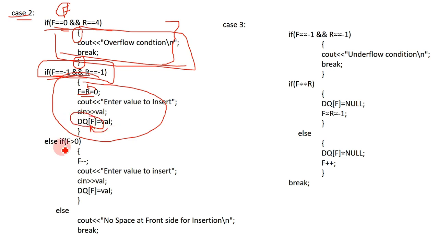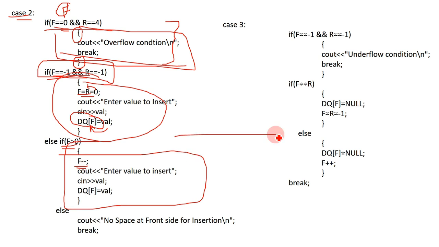If front is greater than 0, this is the normal insertion from the front side. When you want to insert an element from the front side, front will be decremented. For example, if front is at this location and you want to insert, front will be decremented. So decrement the front and enter the value, and that value will go to that front location.